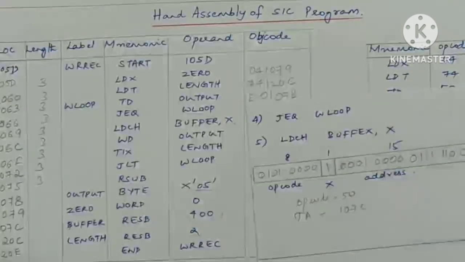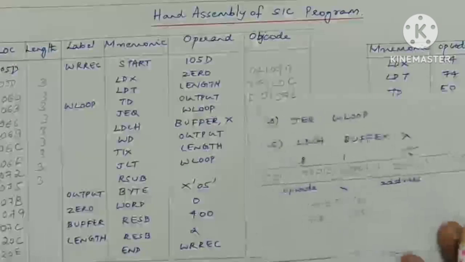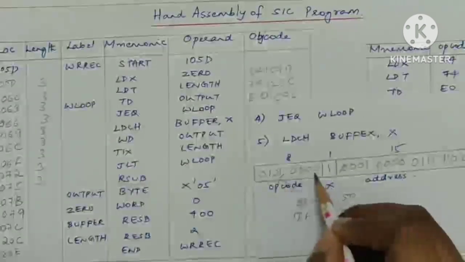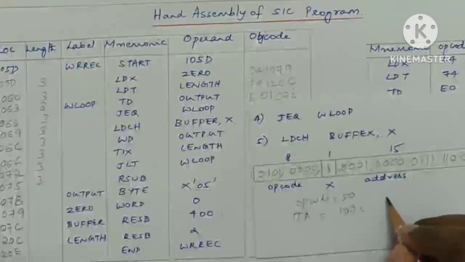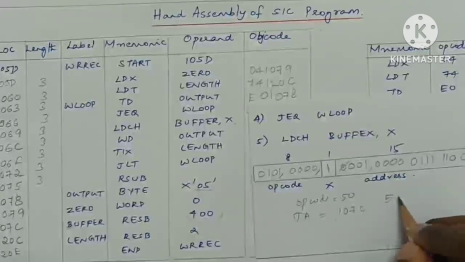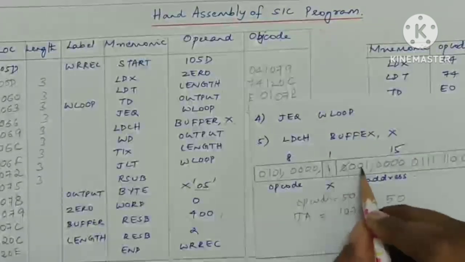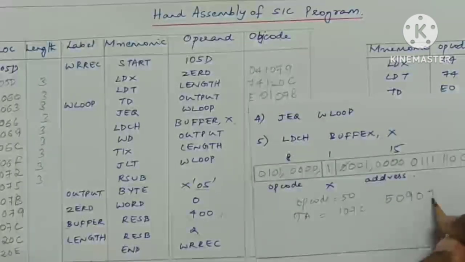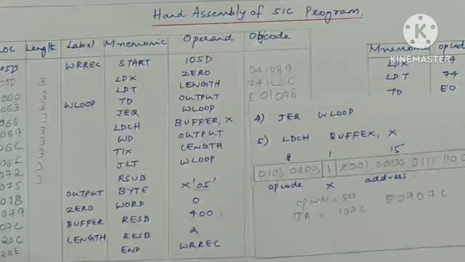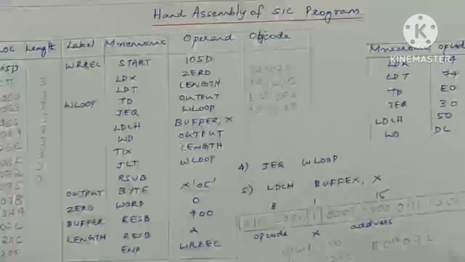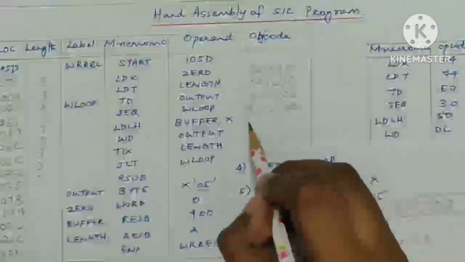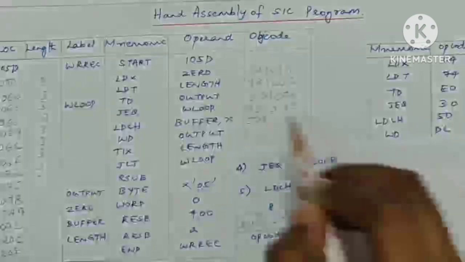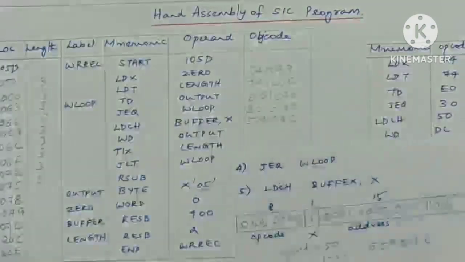Now you will strike off the most significant bit. What is the equivalent hexadecimal value that you will get when you group? You will get 5 0, then 1001, which is a 9, followed by 0 7 and C. So this is the value that corresponds to LDCH buffer comma X, which is 50907C.